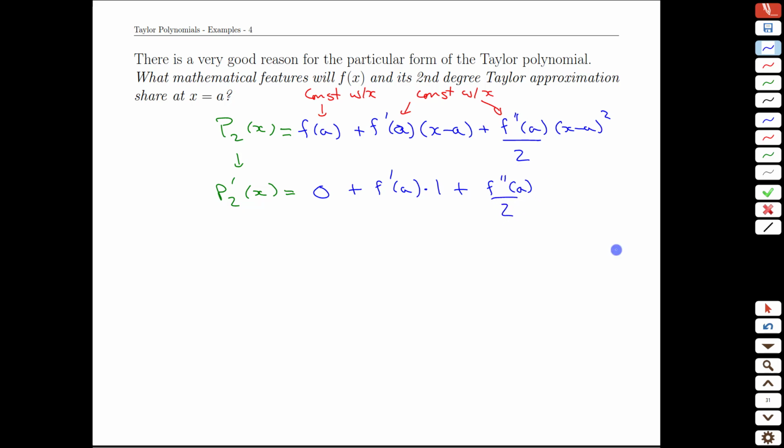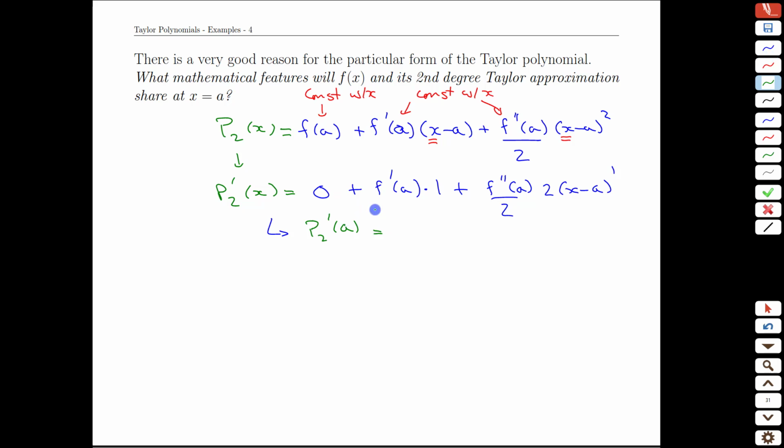And notice what happens here. The 2 comes down, and we'd have x minus a to the 1 lower power. Again, this can look odd unless you remember that x is the variable that we're differentiating with. Everything else that has a's in it is just either a constant multiplier or a constant by itself, and we use the standard derivative rules for those. And you'll notice what we get here. If we differentiate this polynomial, we differentiate this quadratic, and we evaluate it not everywhere, but specifically at the point a, let's fill in the blanks.